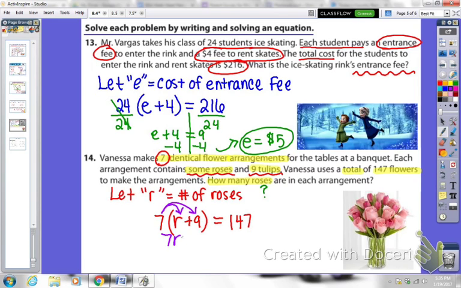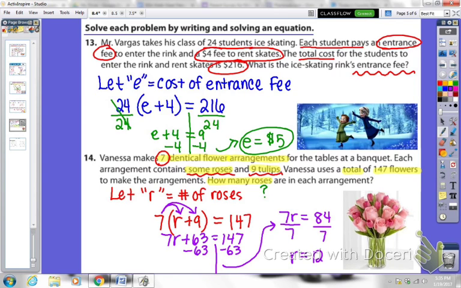But this is 7R plus 63 after you distribute. Now it's a 2-step, so take away 63 from both sides. You get 7R is equal to 84. Divide both sides by 7. So the number of roses is 12. And make sure it always has a label for word problems.